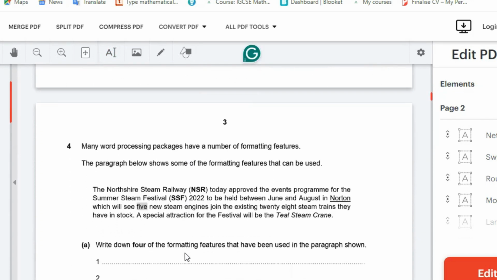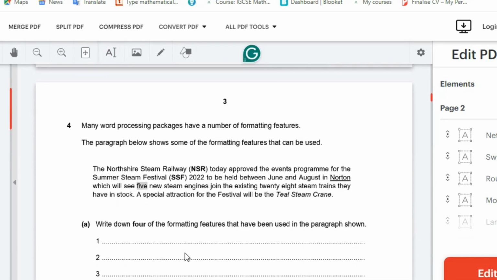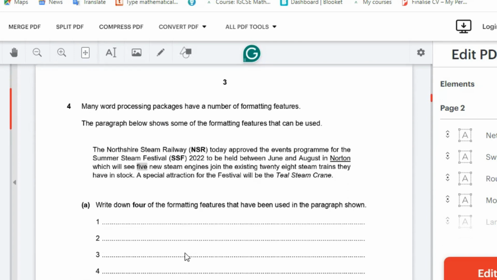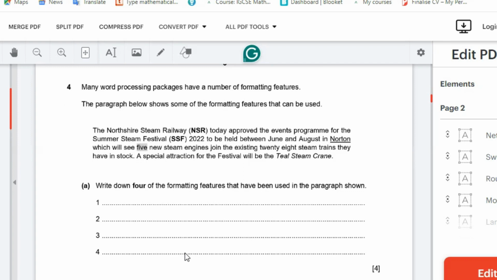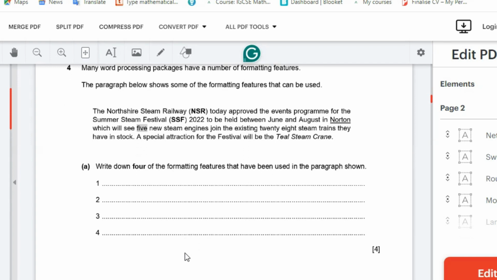Number 4. Many word processing packages have a number of formatting features. The paragraph below shows some of the formatting features that can be used.